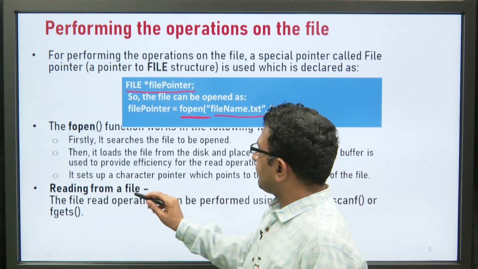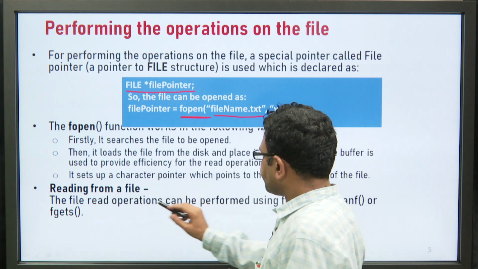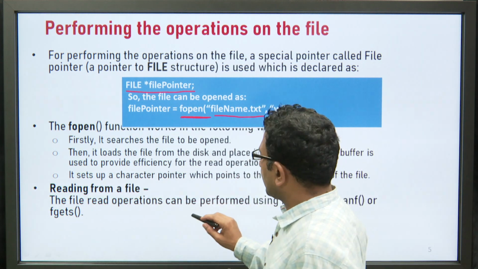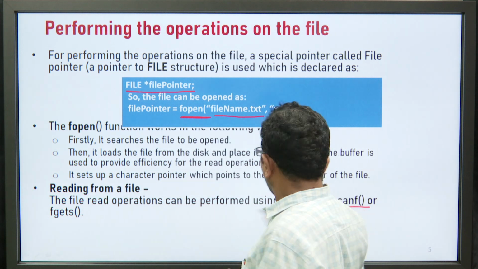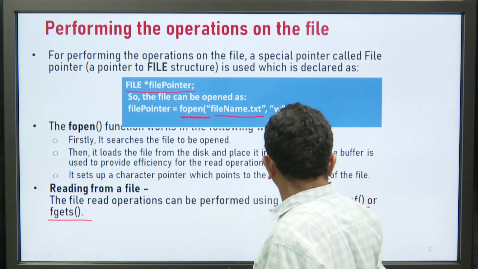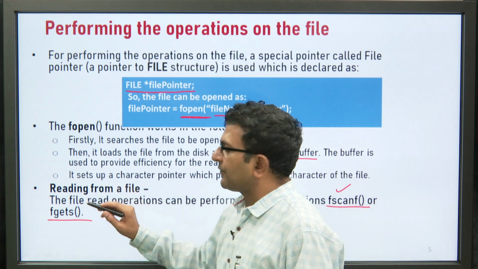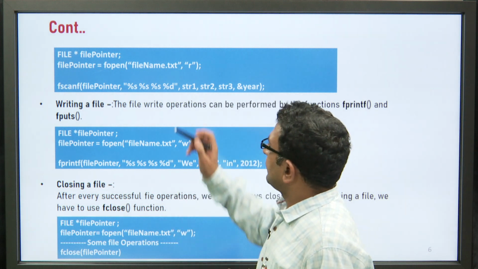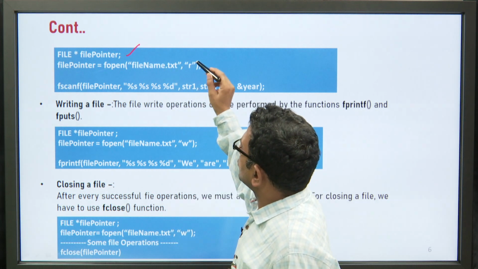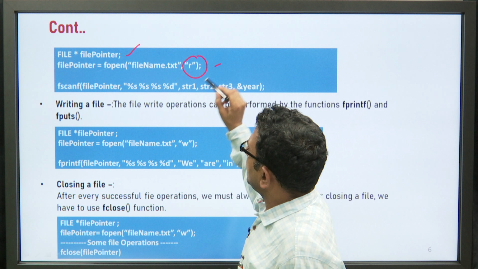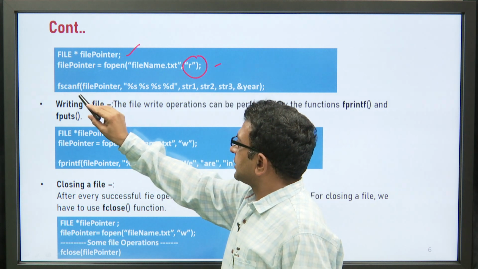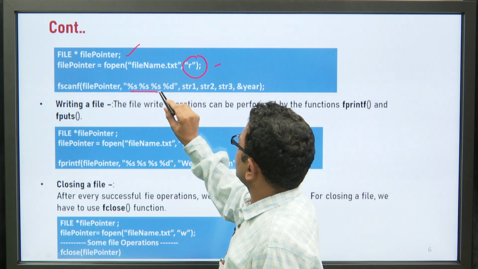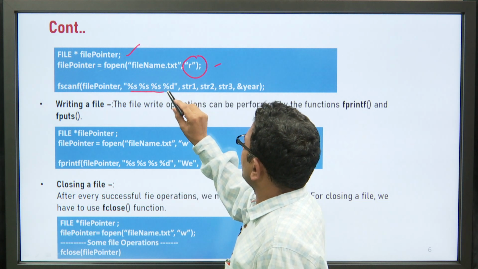Now, how can we perform reading operations? File read operations can be performed using either the fscanf or the fgets function. So, either we can use fscanf or we can use fgets for reading something from the file. Just see here, we have declared a file pointer, then the file is opened in reading mode. Now we are reading 3 strings. We have used 3 format specifiers for the strings and 1 for the integer.